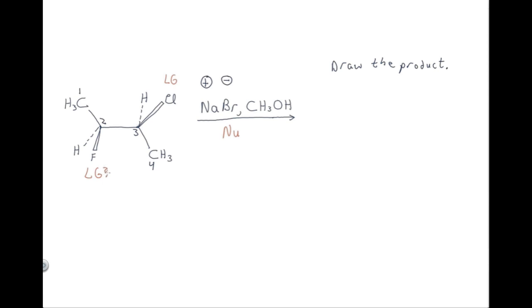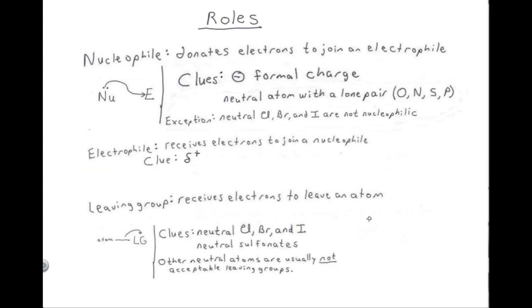Well, remember, start by looking at the formal charge. This is a neutral fluorine. Do we expect we could use this neutral fluorine as a leaving group? Well, previously in this video series, we learned that neutral chlorine, bromine, and iodine and neutral sulfonates in alkyl sulfonates are good leaving groups.